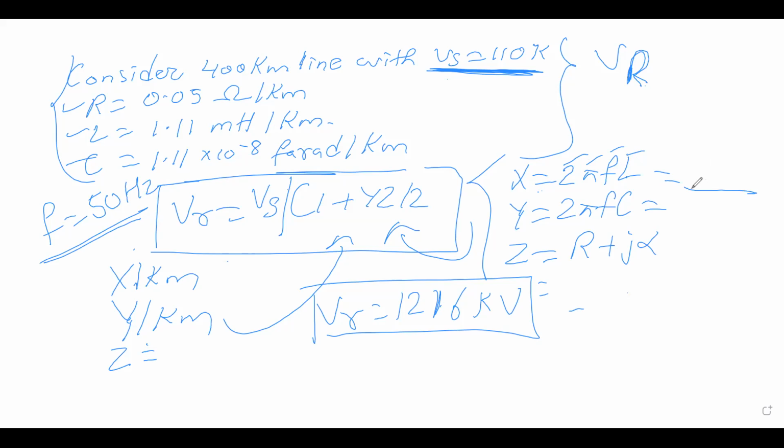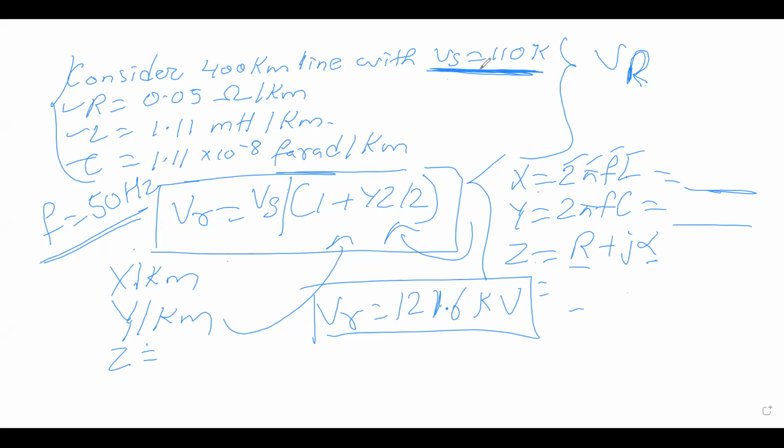Whatever value comes will be the value of X. Replace similarly for Y. After finding X, R is given as 0.05, and you will get these three values, which you put into this formula. So you will get VR equal to 121.6.